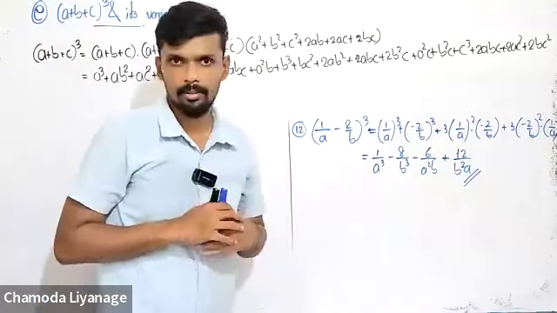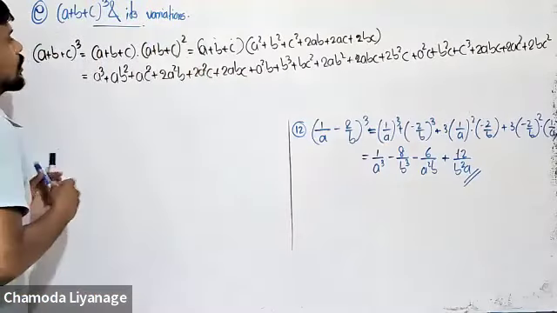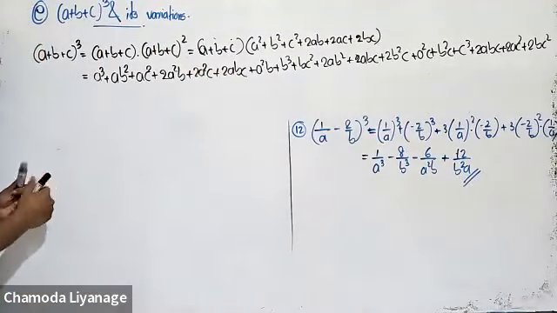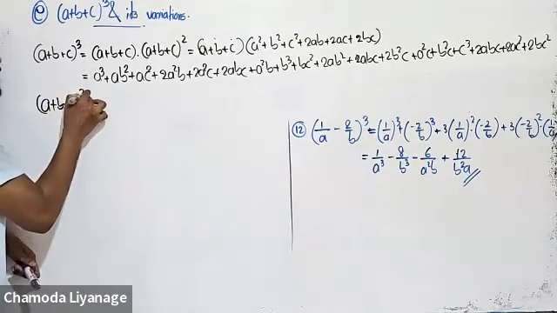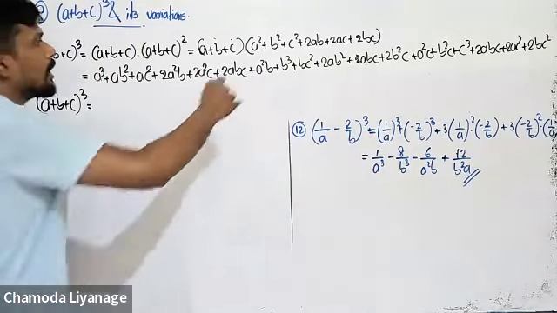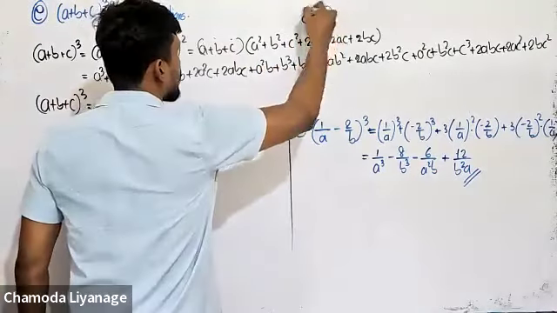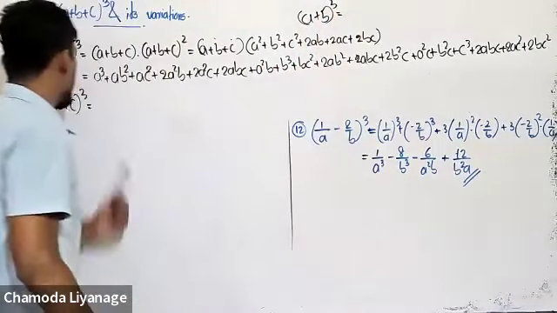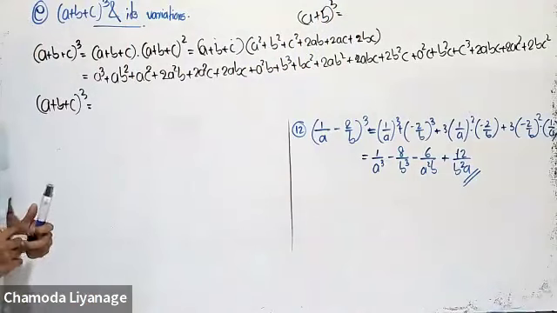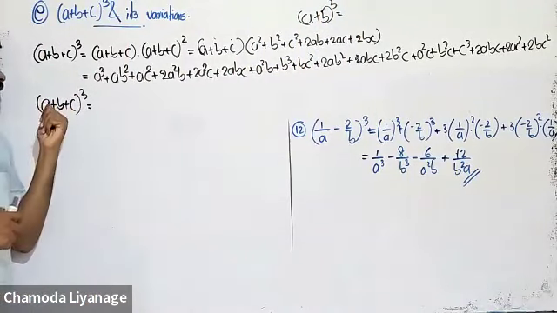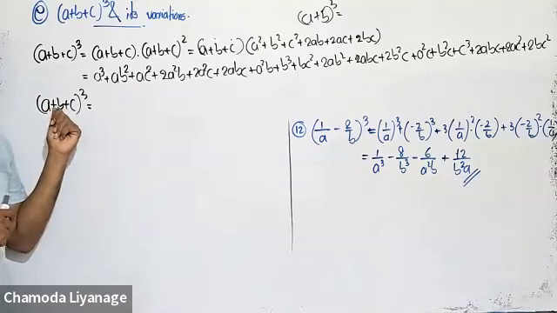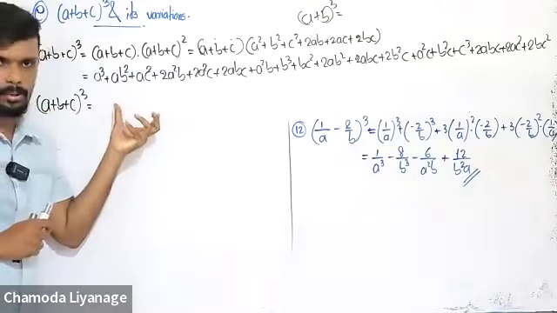Now the simplification part. And we know the pattern, right? A plus b plus c cube. Okay, let's apply this pattern, a plus b cube pattern, to this one. Then we might get a cube plus b cube plus c cube.